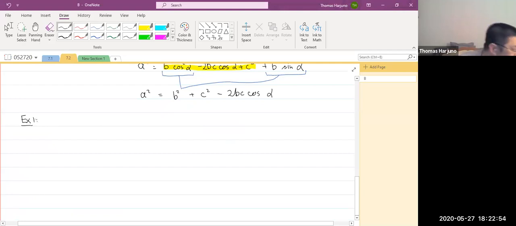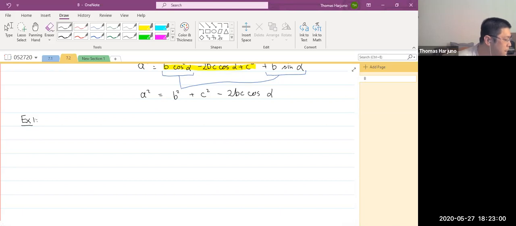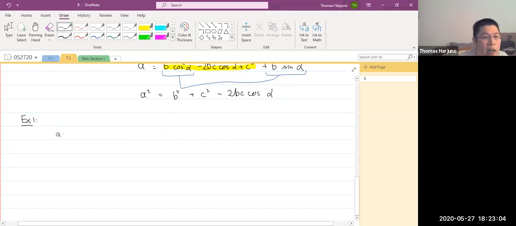Example 1. Suppose we are given the following: side A equals 5, side B equals, let's say, 7, and angle gamma equals 75 degrees.